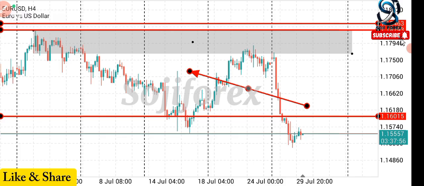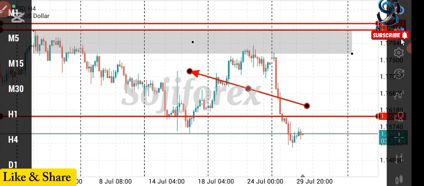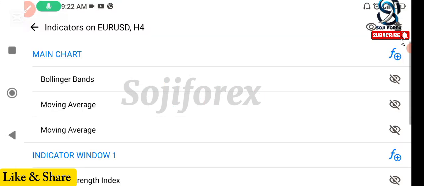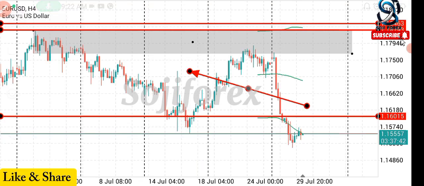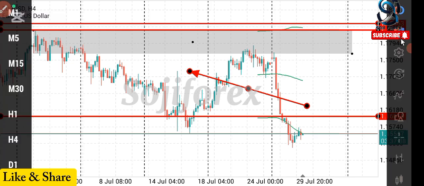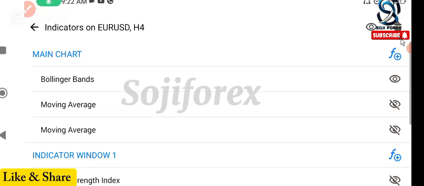So what is the last but not the least thing is the moving average. So let's add the indicator, moving average. So in this scenario, for instance, I will just bring up my Bollinger Band. All right, the Bollinger Band is not showing, so let me bring up another indicator.